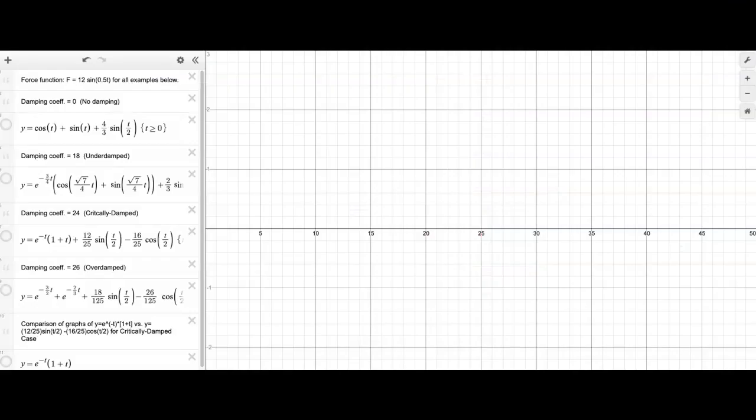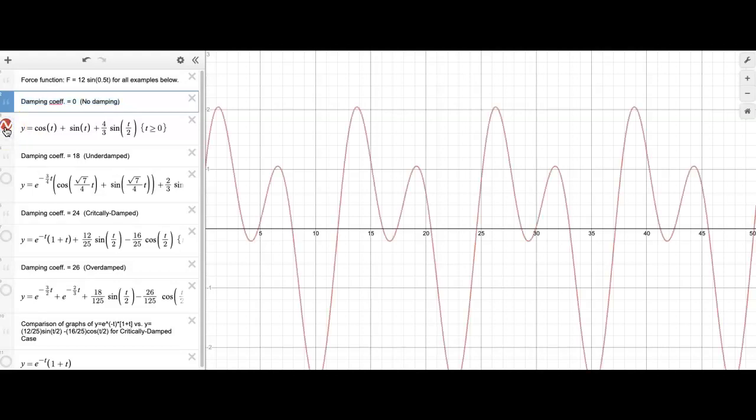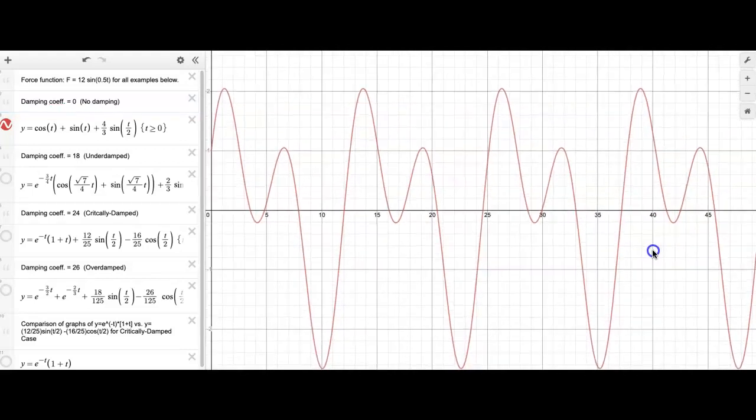We're going to look at these graphs again. With the force function here, we notice that our operating frequency is 0.5 radian per second, or half a radian. When we look at this, where we have no damping, this is what our function is going to look like. Of course, we already saw this before, so no surprise there.